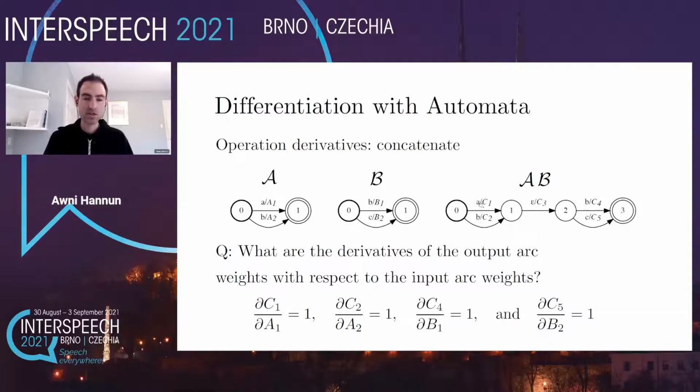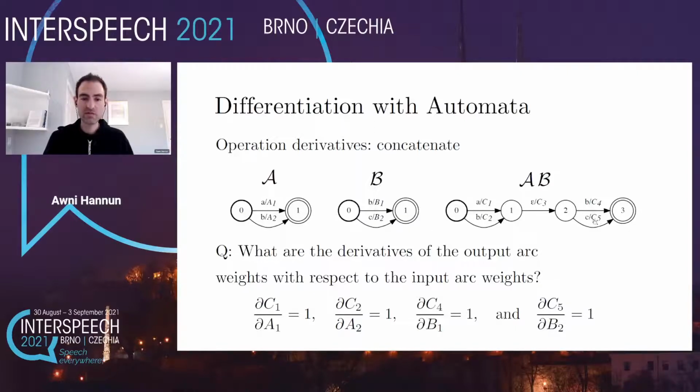Take C sub 1. That arc weight comes from A sub 1. So the derivative of C sub 1 with respect to A sub 1 is just 1. A small change in A sub 1 leads to the same magnitude change in C sub 1. That's why the value is 1. The slope is 1.